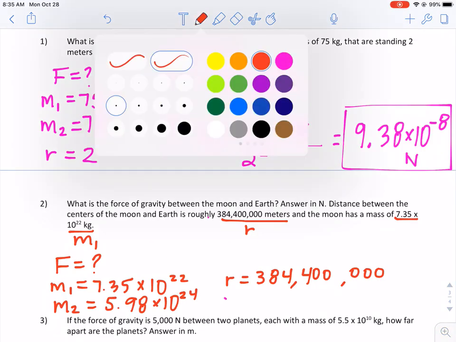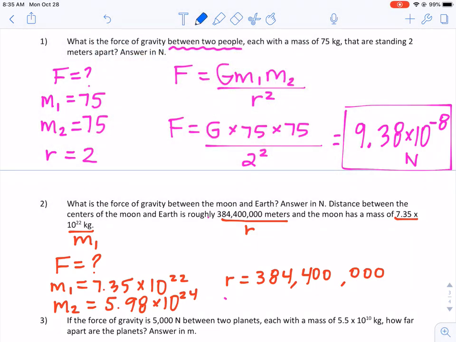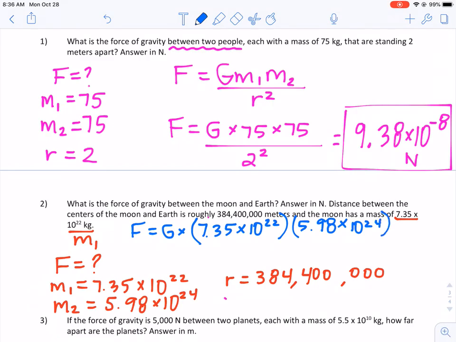So we're going to plug these numbers into our equation. Now we need parentheses because we have scientific notation. So parenthesis, parenthesis. Doesn't matter which mass is first. Now, since that radius is not in scientific notation, we don't need a parenthesis.